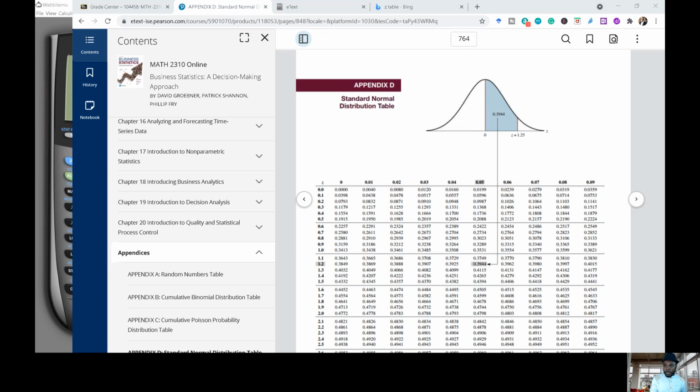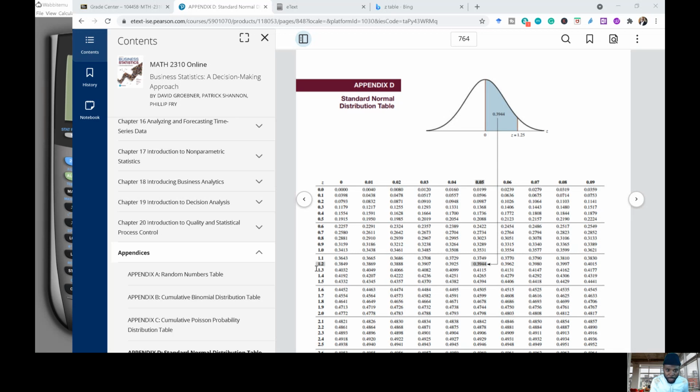So one of our probabilities is from 0.25 to 1.25. If we're looking for the probability between 0 and 1.25, which should be a little bit more than what we want for our own problem, using this table, how do we interpret it?